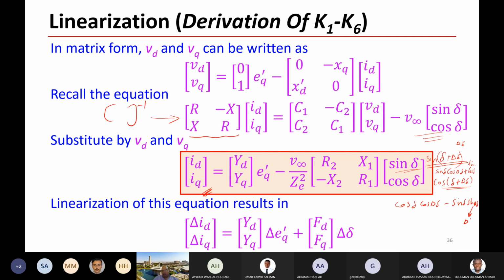This delta is approximated as sine delta, and this cosine delta is very small, so cosine equals 1. So if you expand this with delta, you get another two constants here, which are FD and FQ. FD and FQ combine whatever is here.